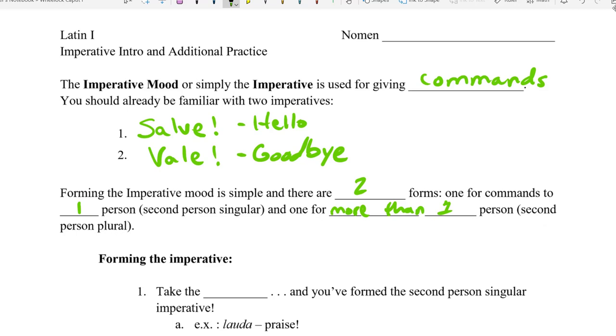And that would be second person plural. So you can have just one person by themselves, or you're going to command more than one person. And it always has to be second person, because to give a command, that person has to be there and be a part of that conversation, right? You can't command someone in the third person.